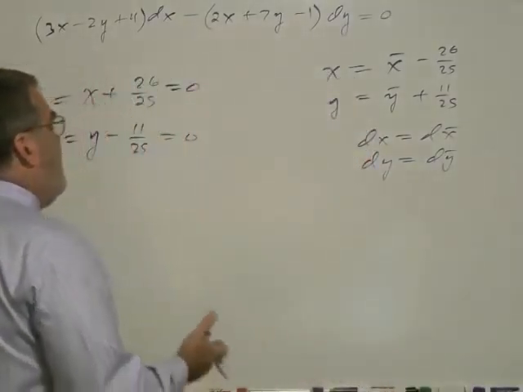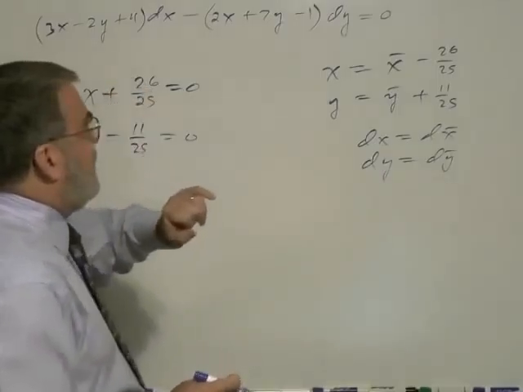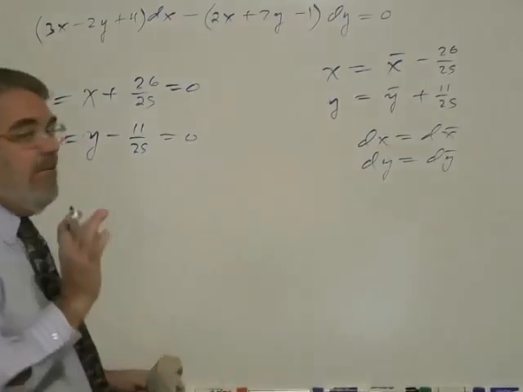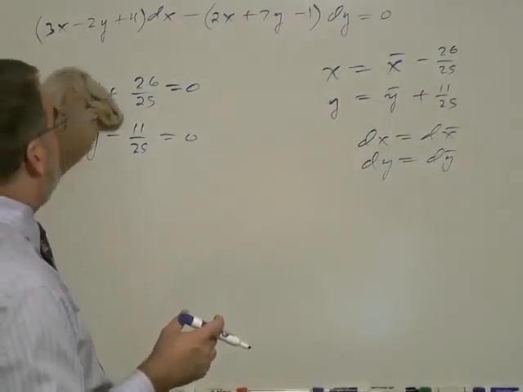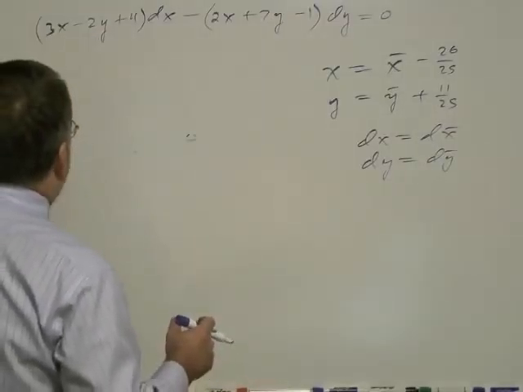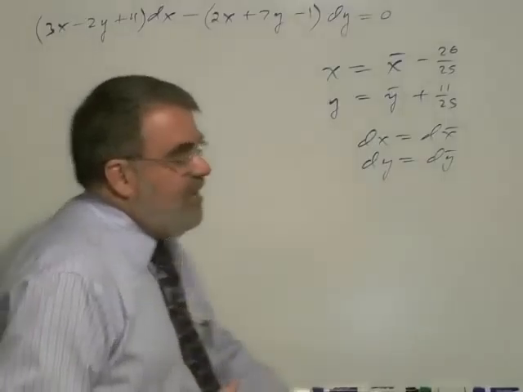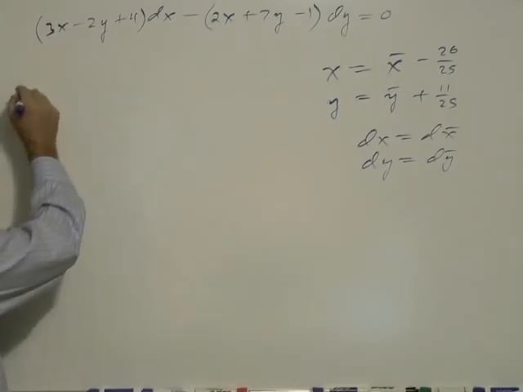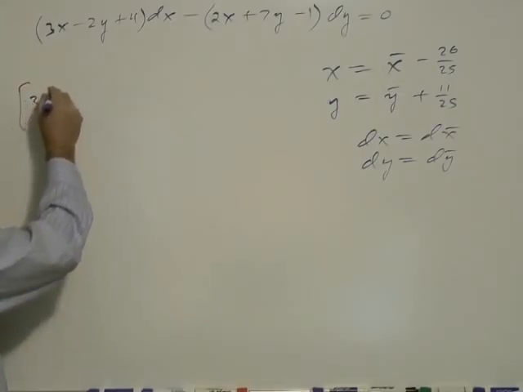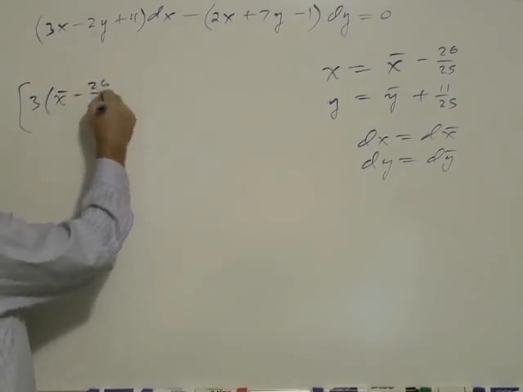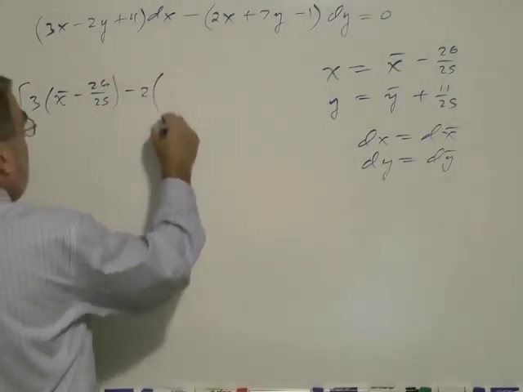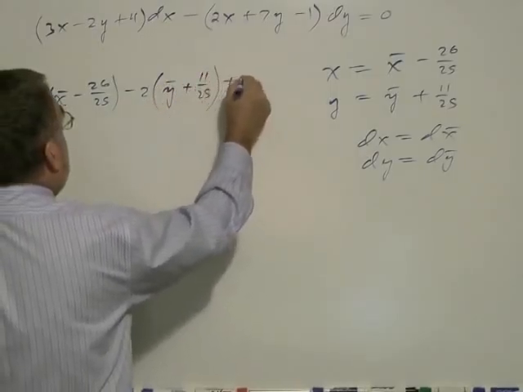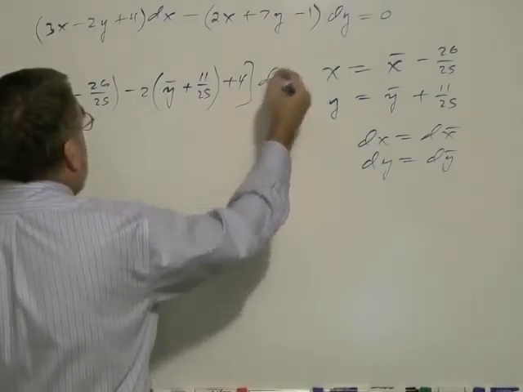And you know, with experience, if you're confident of solving your system, you can actually just write out the equation. But I'm going to verify this, so this will make it kind of tedious. But for verification purposes, I'm going to plug in these substitutions. And it'll get a little messy here. I've got the bracket, 3 parentheses x bar minus 26/25 minus 2 parentheses y bar plus 11/25 plus 4 close bracket dx bar.